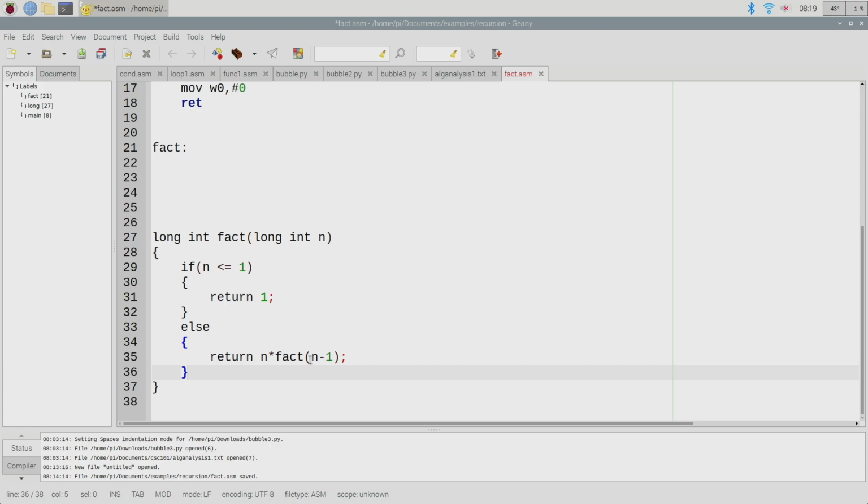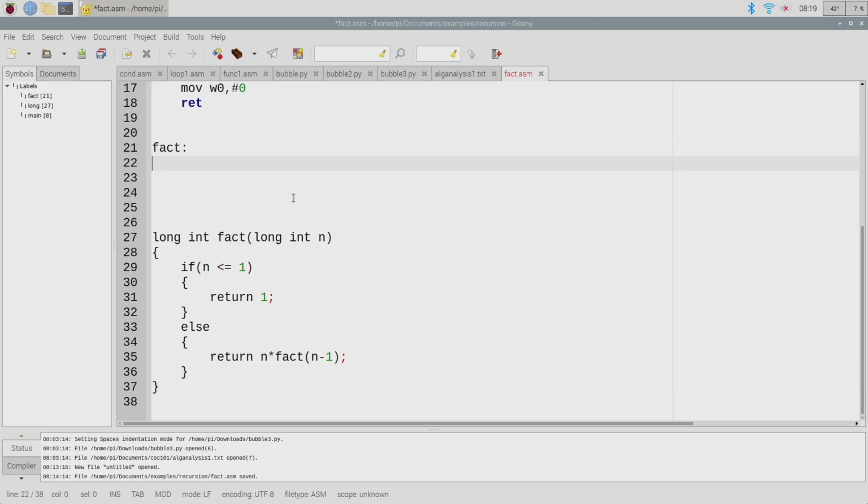So are we clear with the C part of it? That's what it would have looked like roughly. Any questions on the C part of it? No. Okay. All right, so basically we want to implement this, but in assembly.